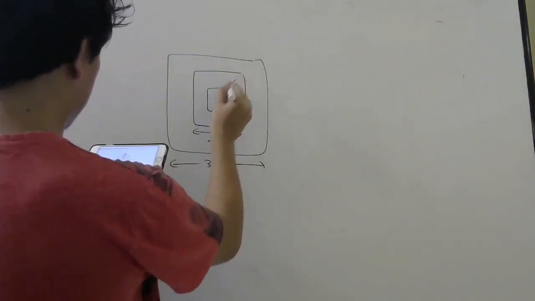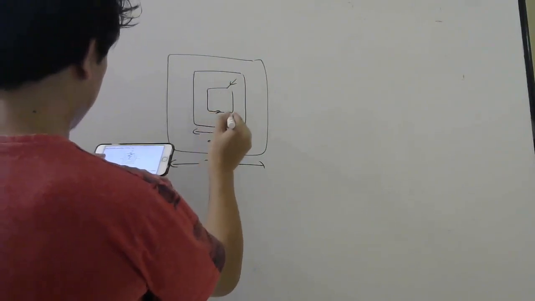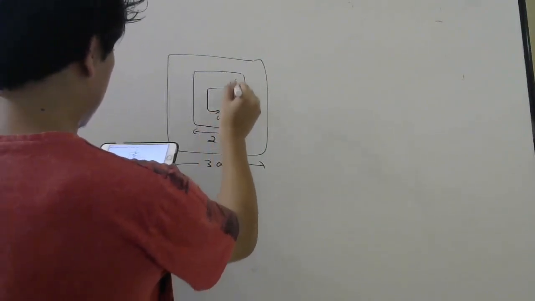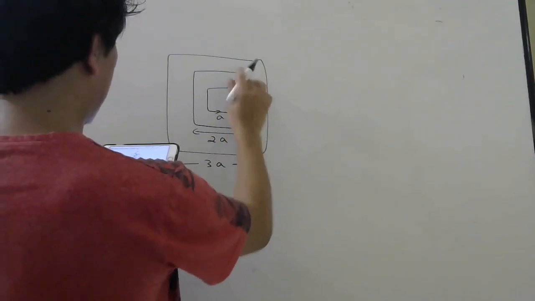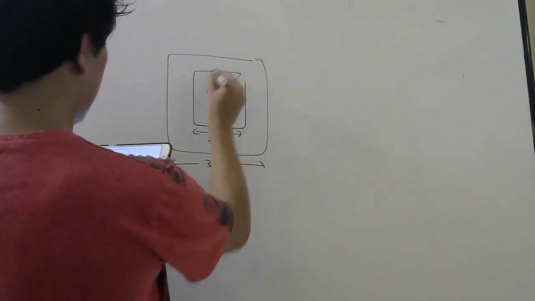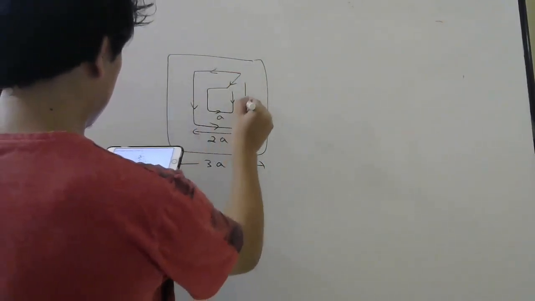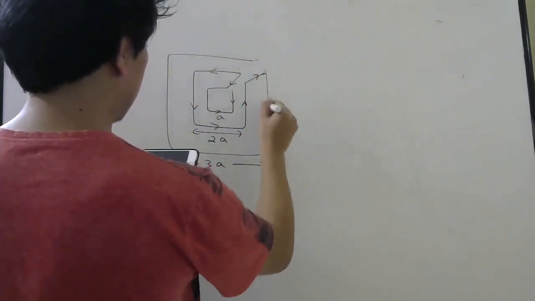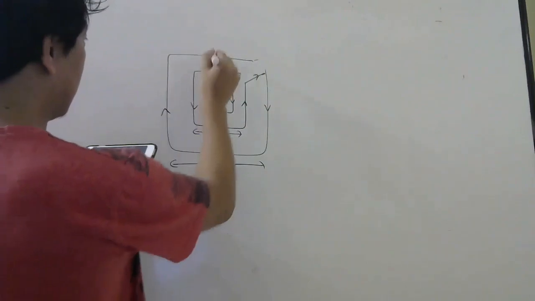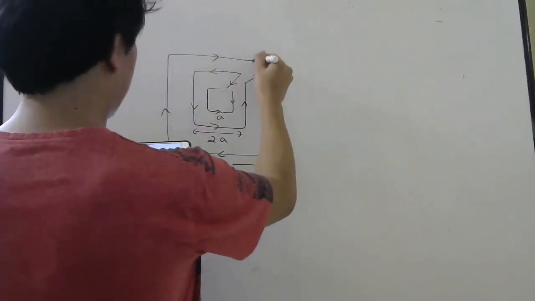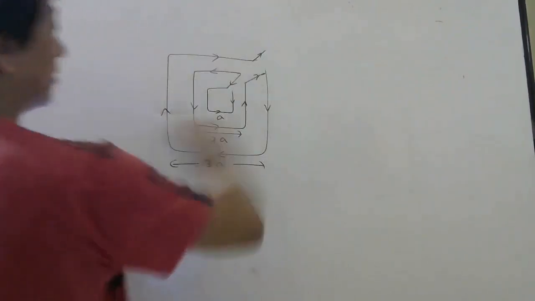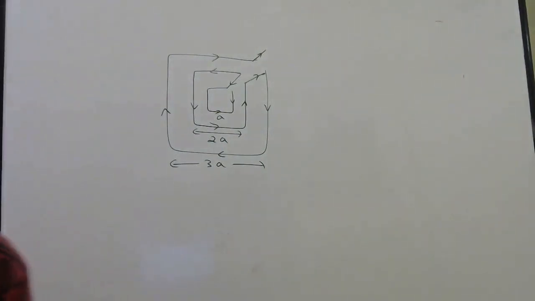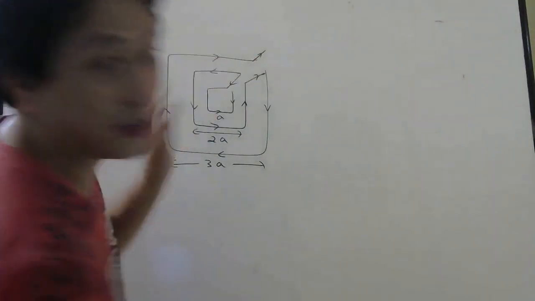Current here is like this. Then it is joined to this part like this, so it goes like this. Then this is joined to this part like this, so current goes like this. Then it is again joined to another part like this. So that way it keeps on building. So you have to neglect these small gaps.